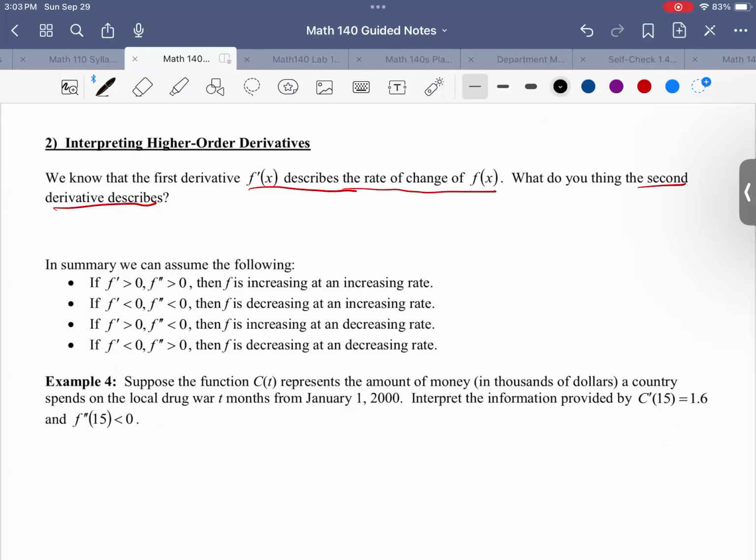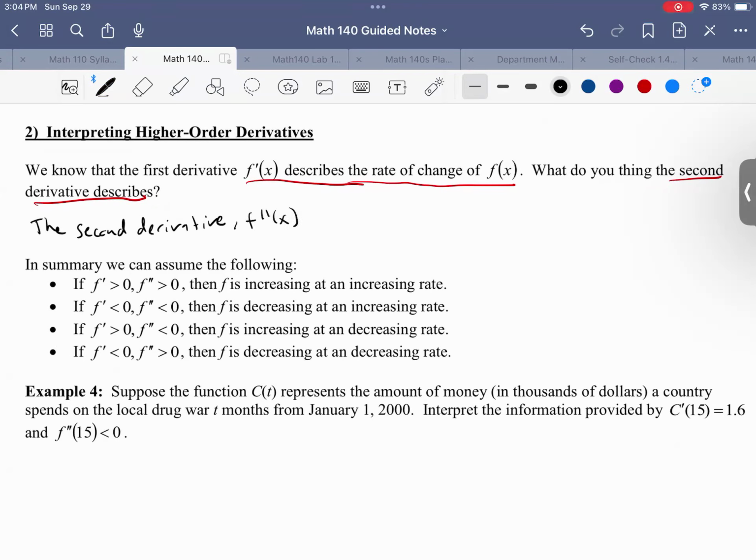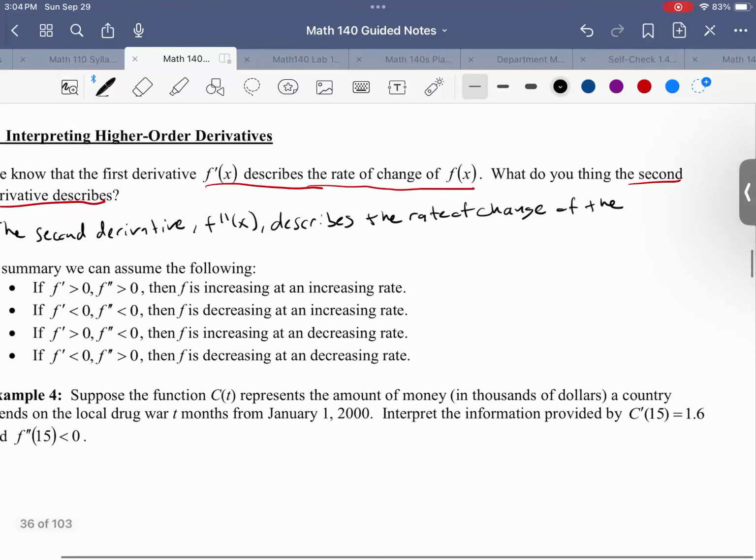So the second derivative, I'll write it, f double prime of x, describes the rate of change of the first derivative, f prime of x.